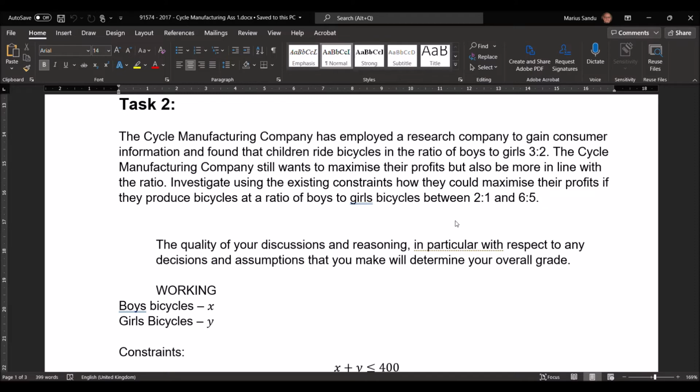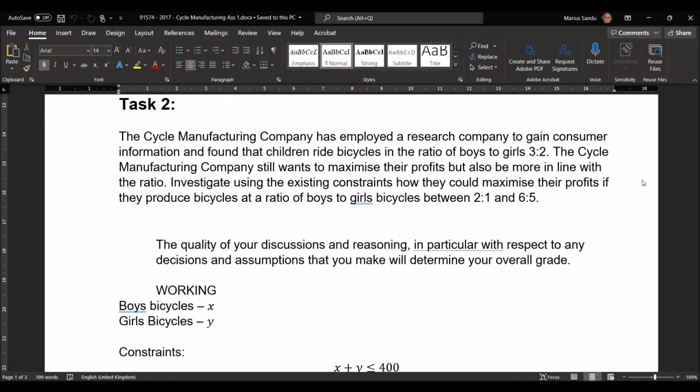Now, what this means is that for two boys' bicycles, we produce one girl's bicycle. To make them equal, I have x is equal to twice y. And the same here, so 5x is going to be equal to 6y, but these are supposed to be inequalities.